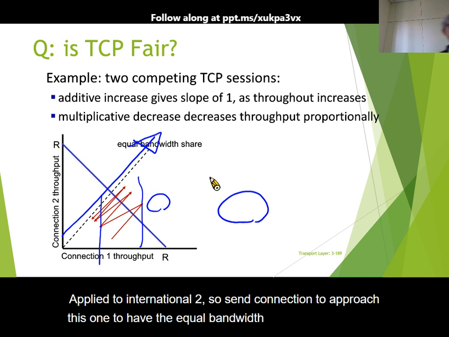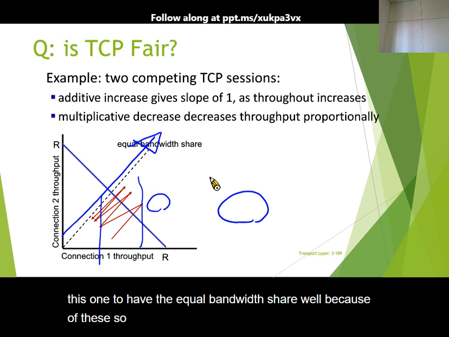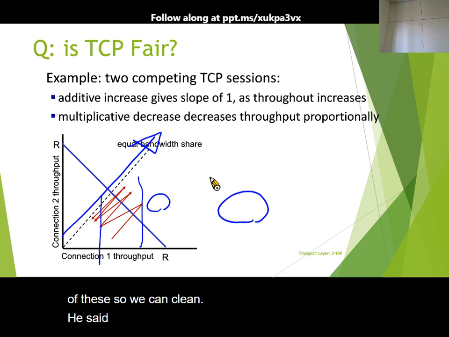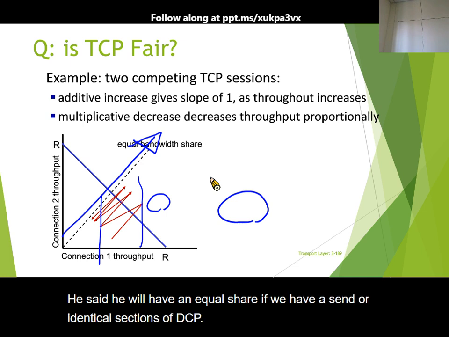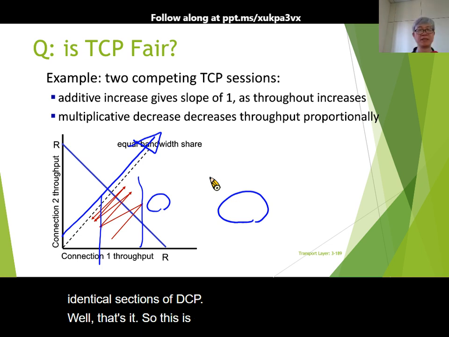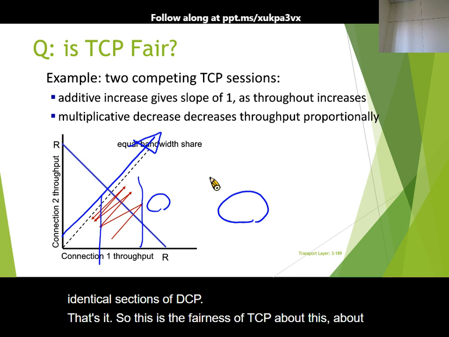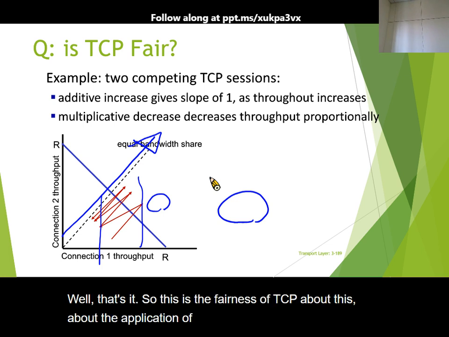Because of this, we can claim TCP will have the equal share if we have identical sessions of TCP. Well, that's it. So this is the fairness of TCP, about the application of AIMD to the current connection 1.